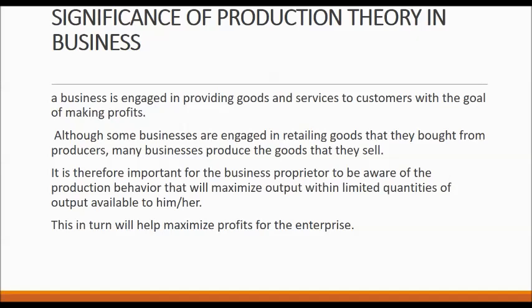So that's why there is a high percentage of businesses engaging in retailing. So they are both from the producers. Okay, so there are many businesses that produce goods that they sell.